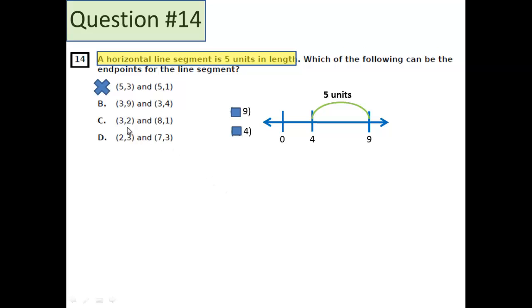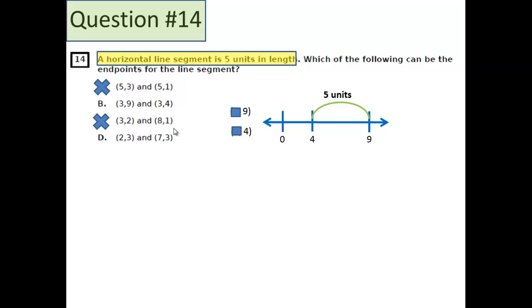Ooh, look at this one. 3, 2, 8, 1. We've never done anything like that before. Usually, for it to be a line segment that's horizontal or vertical, the units would have to be the same. Either the x-coordinate or the y-coordinate would have to be the same, which means that this cannot be the answer.